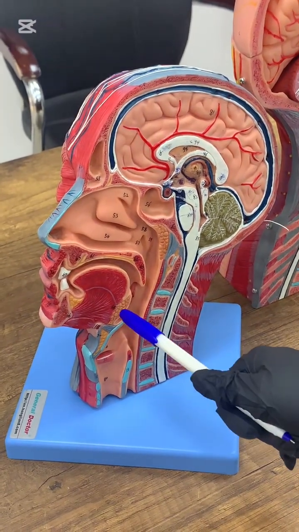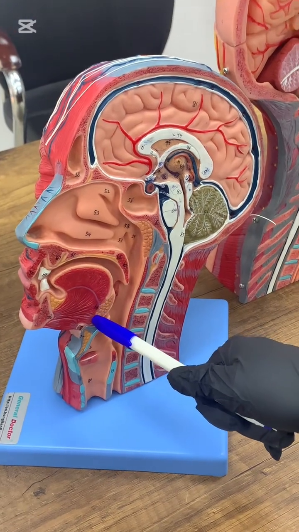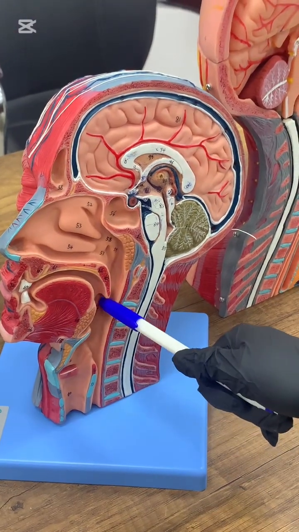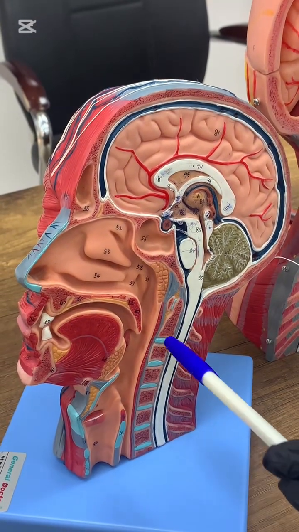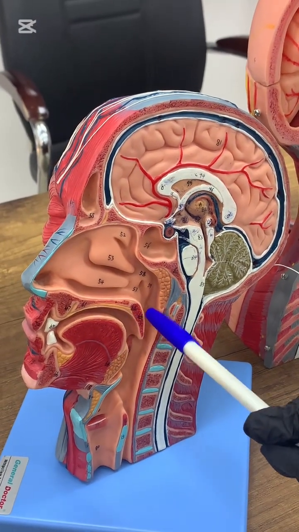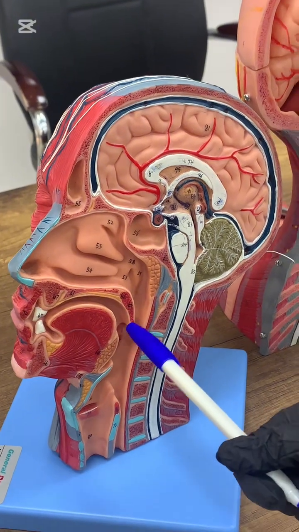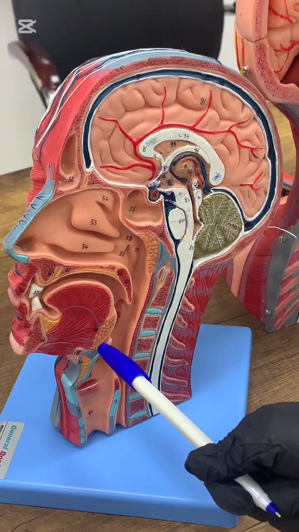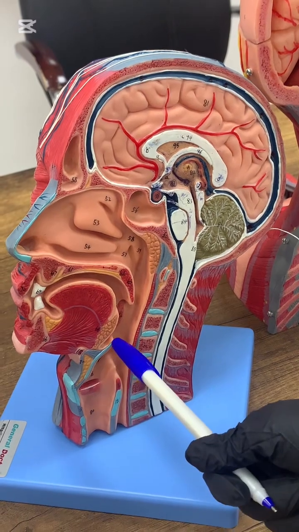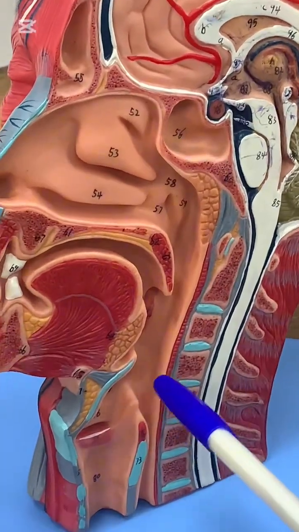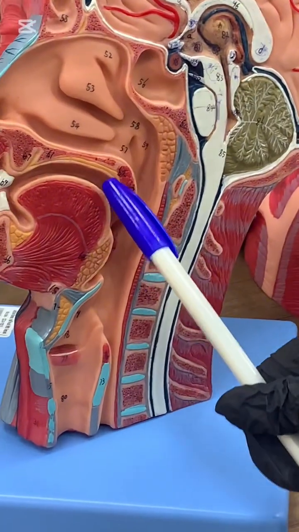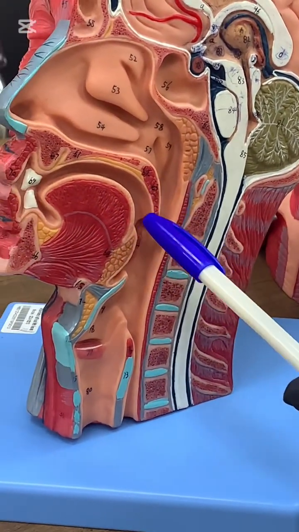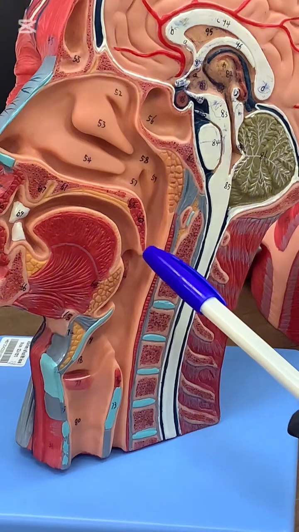We also have here the lingual tonsil, and here is the palatine tonsil. The oropharynx starts from the end of the soft palate here, and it ends at a very important structure, the epiglottis. Its boundaries: anteriorly is the oral cavity, the oropharyngeal isthmus.